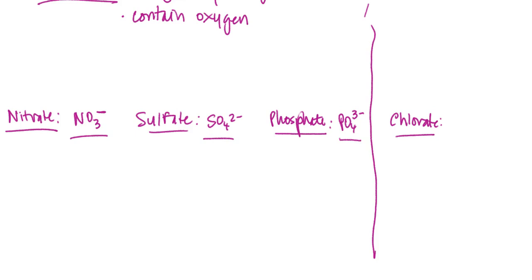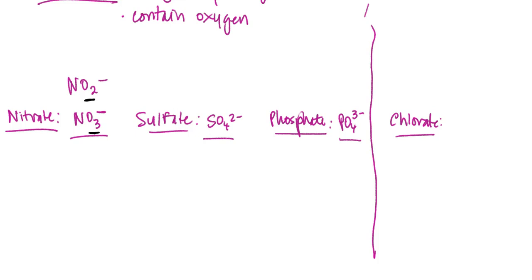So, for example, nitrate represents just one potential polyatomic ion formed between nitrogen and oxygen. There's another that has the formula NO2-. Now, if you notice, basically there are two oxygens in NO2- and three oxygens in NO3-.